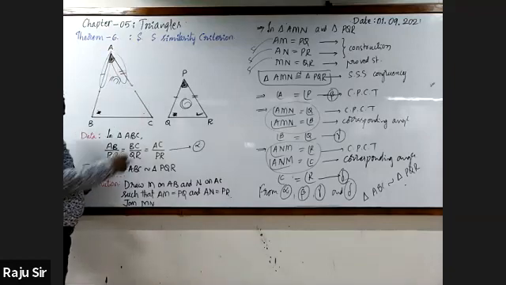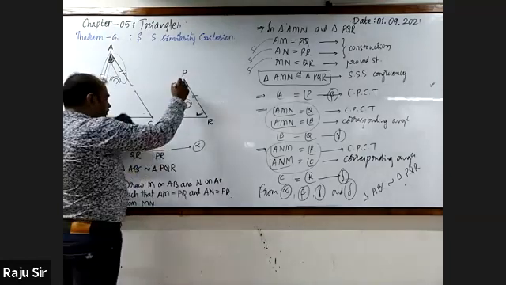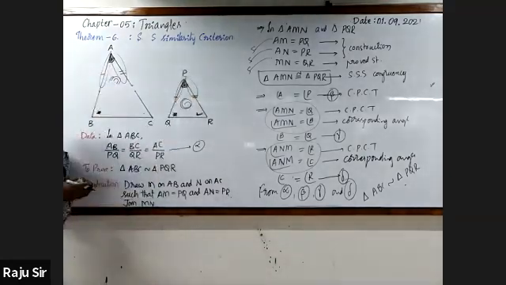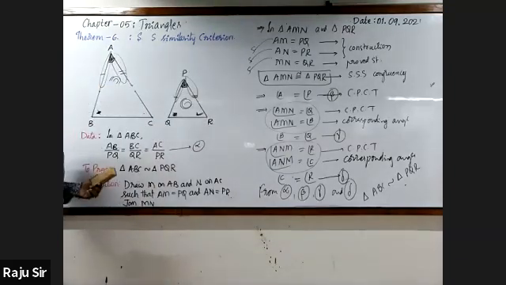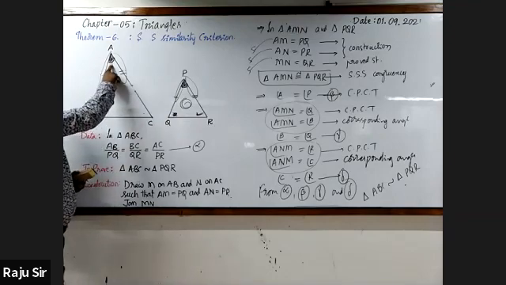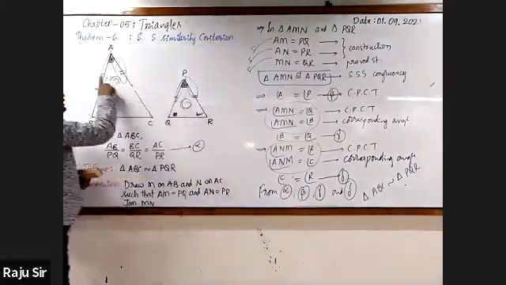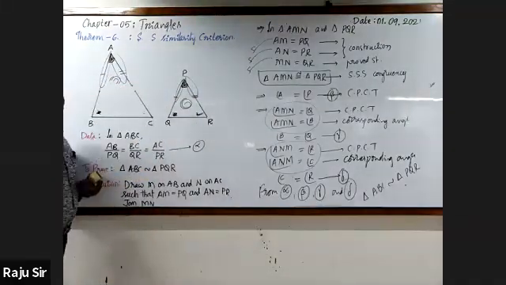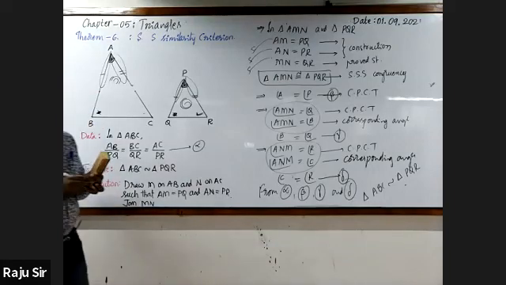AB and AC. Sides including angle P? PQ and PR. If these sides are in the same ratio, then the two triangles will be similar. In two triangles, if an angle of one triangle is equal to an angle of another triangle, and the sides including these angles are in the same ratio, then the two triangles are similar.